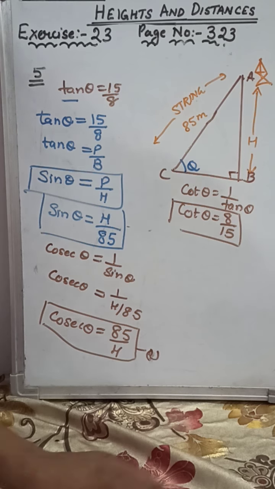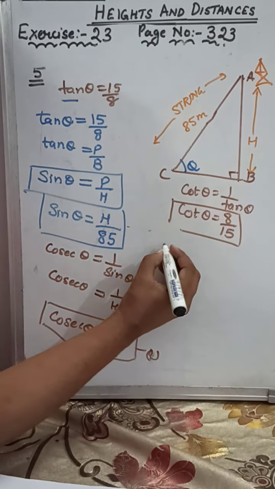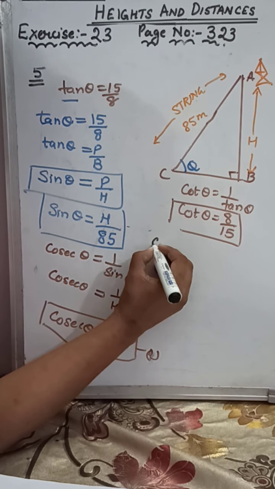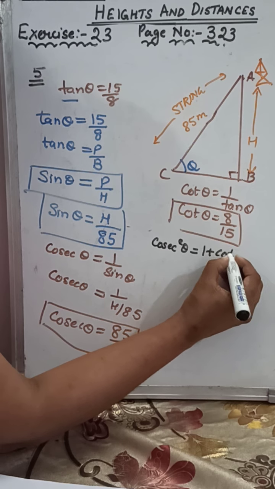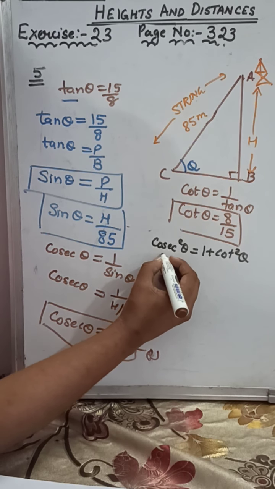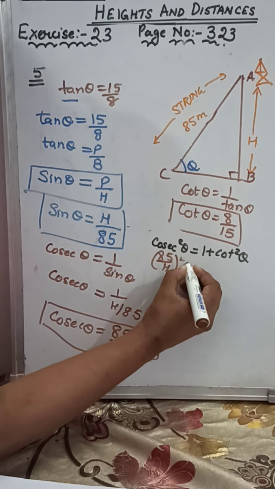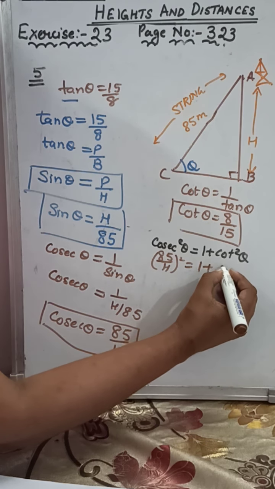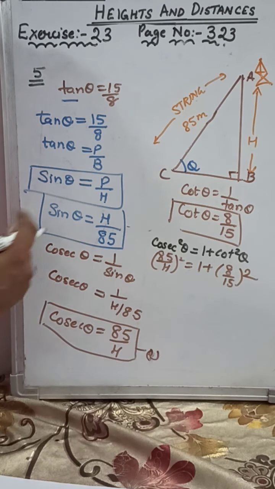Now, you will use the identity related with cosec and cot. So what is the identity? Cosec square theta is equal to 1 plus cot square theta. Now you have to only substitute the value. Got it? So cosec is 85 upon h, whole square, equals 1 plus 8 upon 15, whole square.